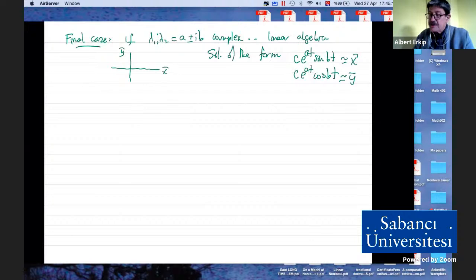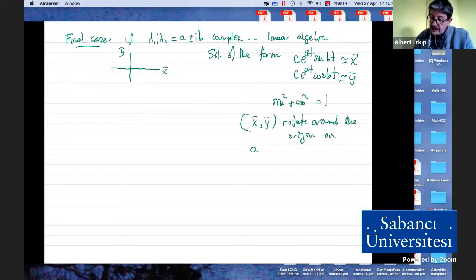If you look at x bar squared plus y bar squared, what you really get is sine squared plus cosine squared, which is 1. So basically x bar, y bar rotate around the origin on a circle or ellipse of radius e to the at.